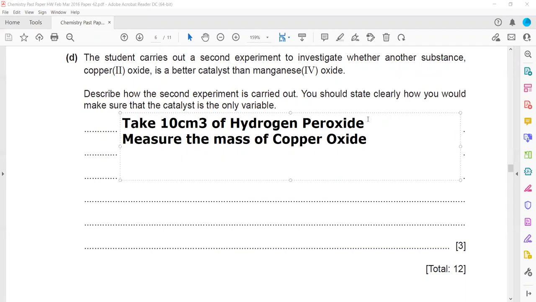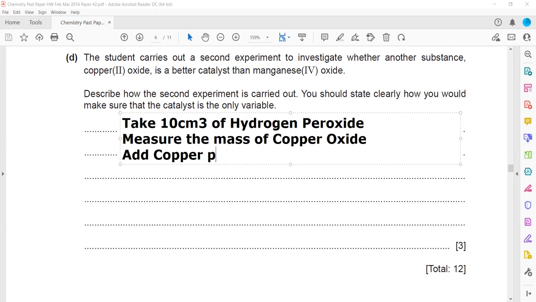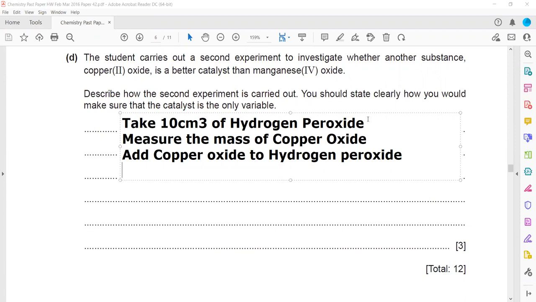Then we will add copper oxide to hydrogen peroxide. Then we will start the timer or stopwatch and record the volume of gas.